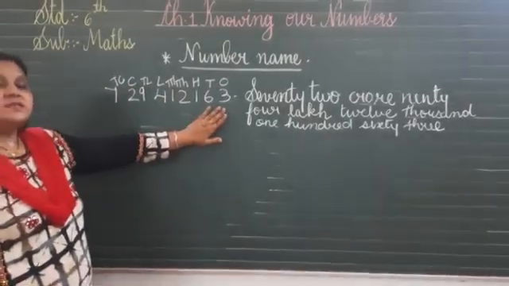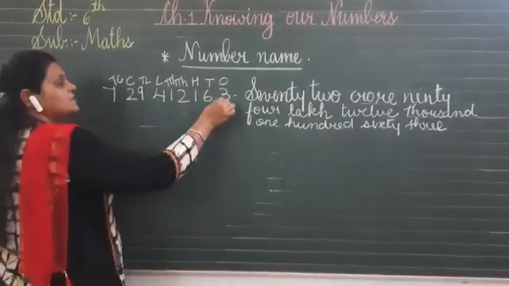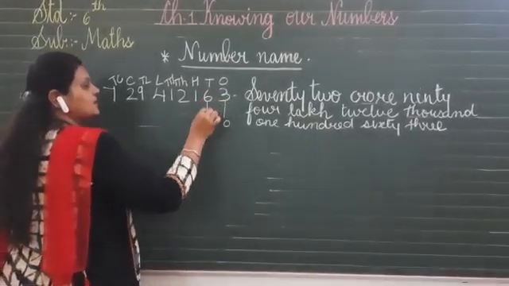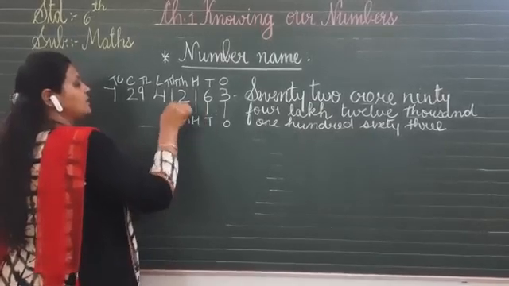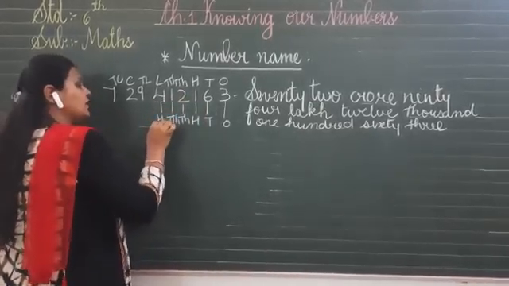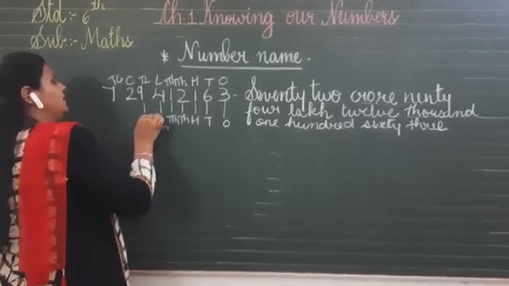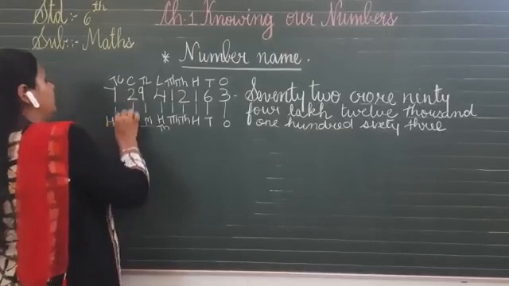Now we will discuss the same number as an international number. So the first places are ones, tens, hundreds, thousand, 10,000, 100,000, million, 10 million and 100 million.